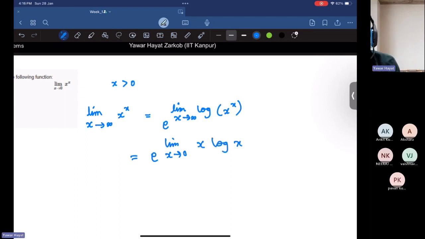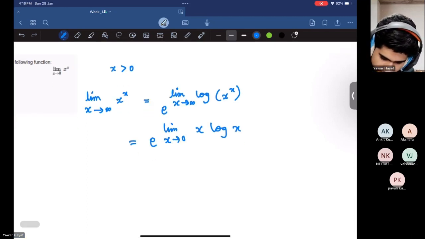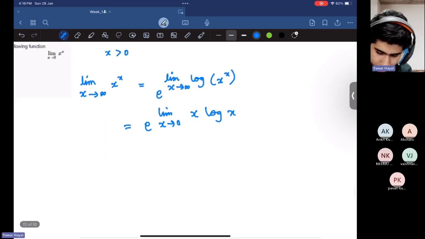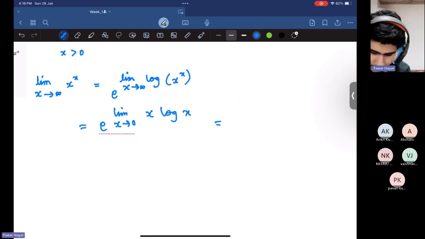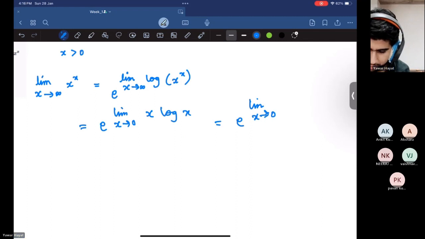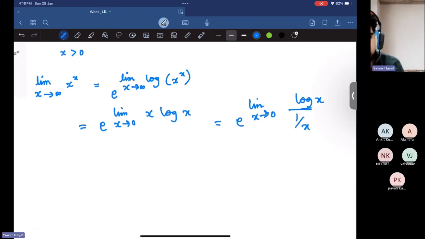This is log of a to the power b, that is b log a, that formula. If something is not obvious, you can just point me out and I'll help you out with that. So this can be written as e to the power limit x tends to 0 of log of x by 1 over x, right? I wrote this x as 1 by 1 over x. This again is the same as this y.